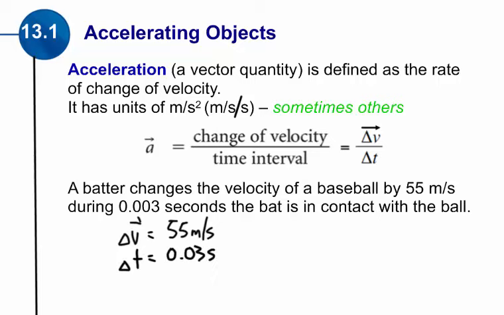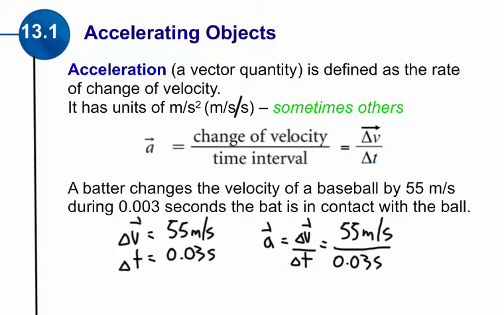0.03 seconds. So if we use the equation above, the acceleration is the change in velocity divided by the change in time, which is really just 55 meters per second divided by 0.03 seconds.